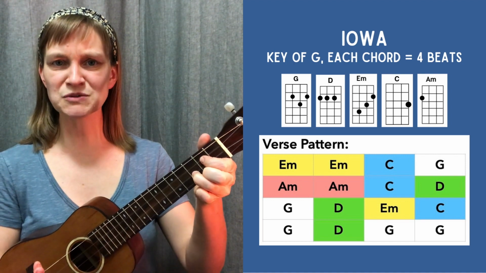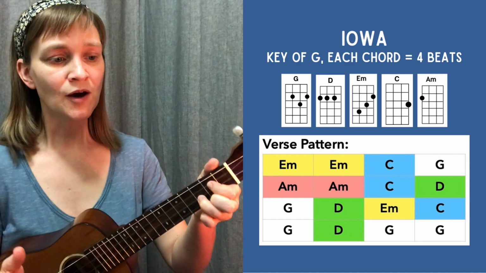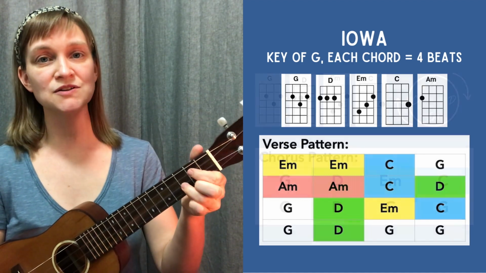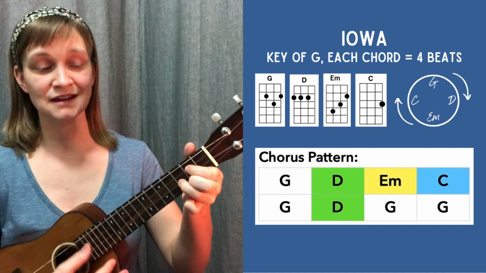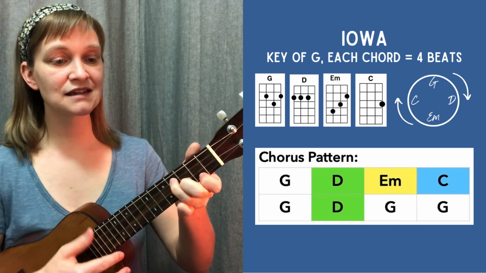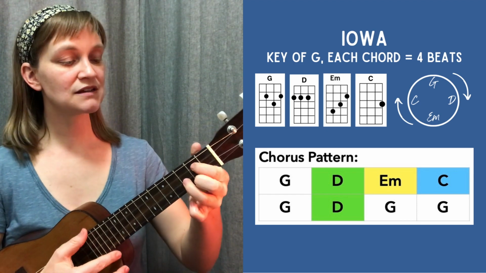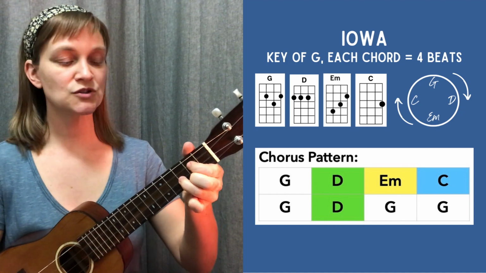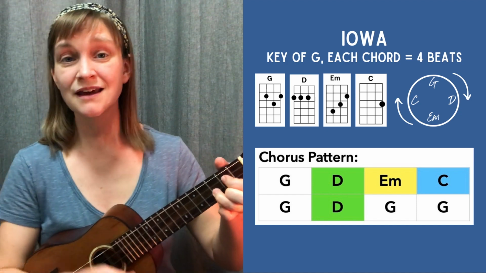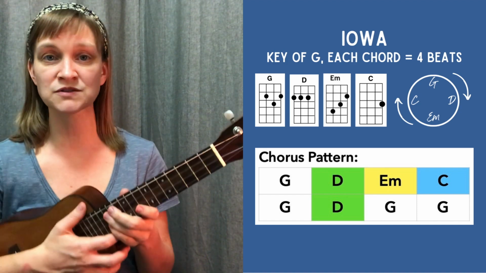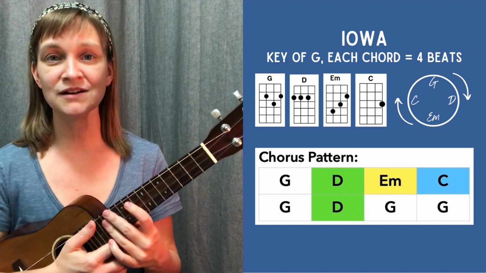It's kind of a long verse pattern, but when we get to the chorus, we're just borrowing those same 8 bars that we started and ended the verse with: G to D to E minor to C, back to G, over to D, and back to G for 2. That's it. Once we've gotten the verse, we've basically learned the whole song, because the only other pattern we do outside of the verse is that 8-bar sequence.